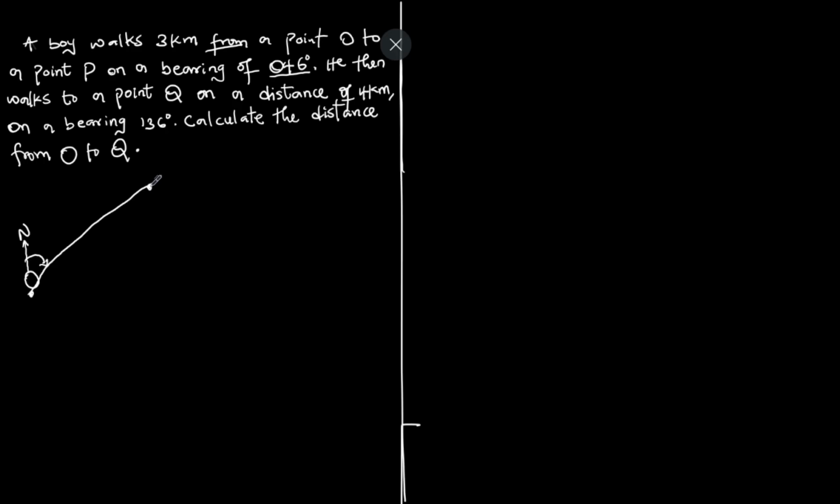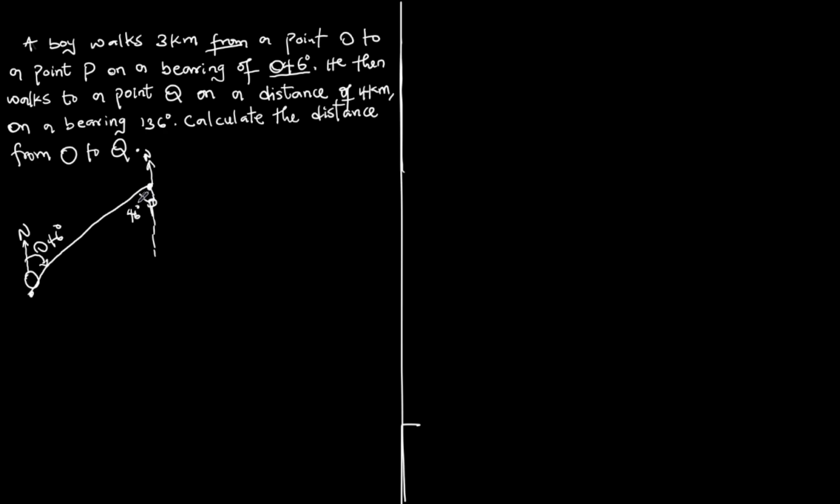towards point P. Every point has the north pole, right? Now, this is 46 degrees. If you extend this down, this would also be 46 degrees. You will notice I didn't write 046 because it's not part of the question. I'm the one introducing it.